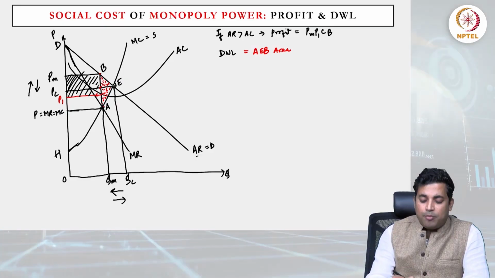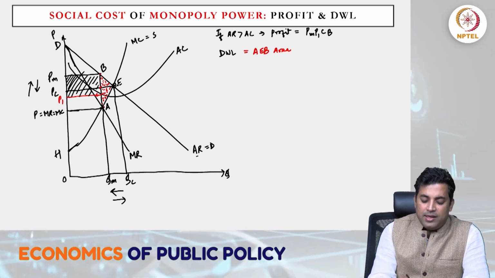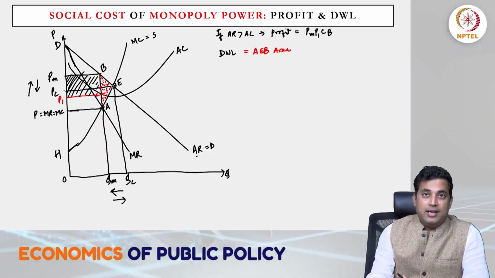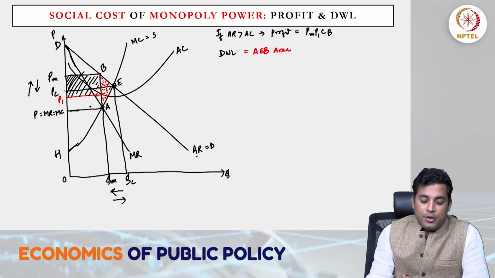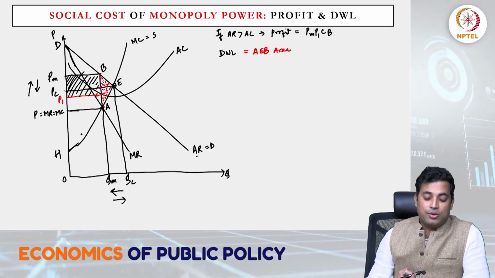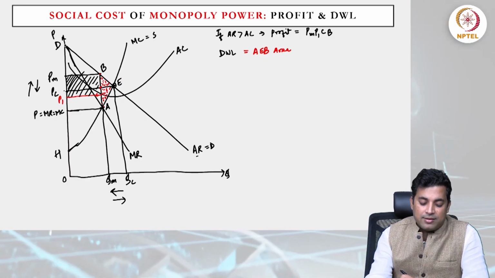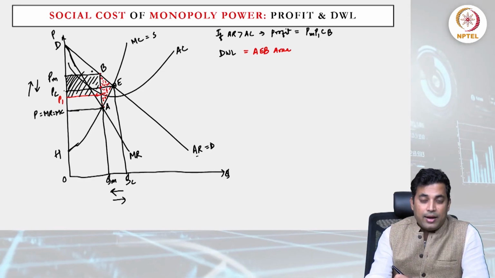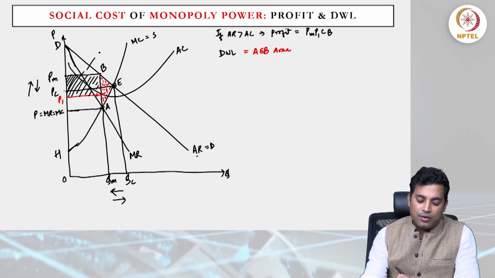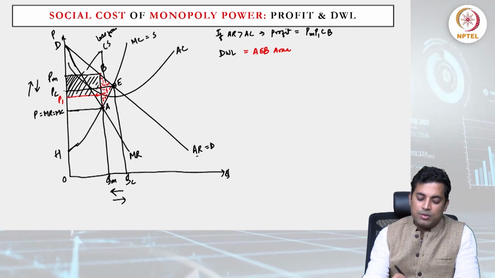Earlier, at equilibrium point E, the consumer surplus was D, PC and E, and the producer surplus was PC, H and E. But under monopoly, since the price has gone up, the consumer surplus has also reduced, and the loss of consumer surplus is D, PM and B, and also B and this dotted area and E. So this is the loss of consumer surplus.